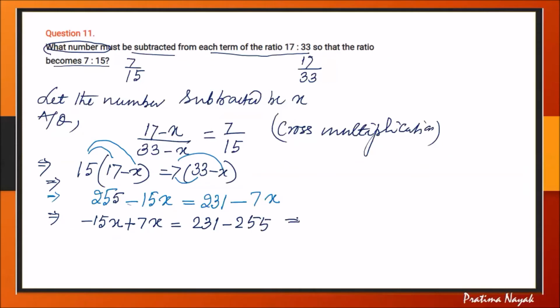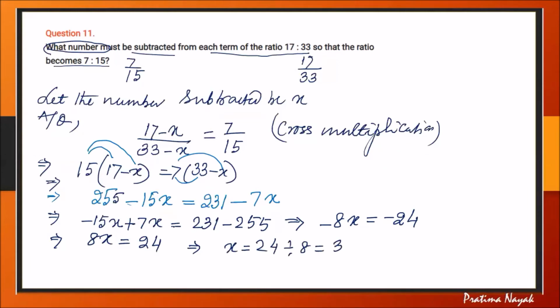So I'm getting minus 8x is equal to, subtracting 255 from 231, it will be 24 and it is also negative. Or 8x is equal to 24. So we are getting x is equal to 24 divided by 8, that will be 3. So 3 is the answer.